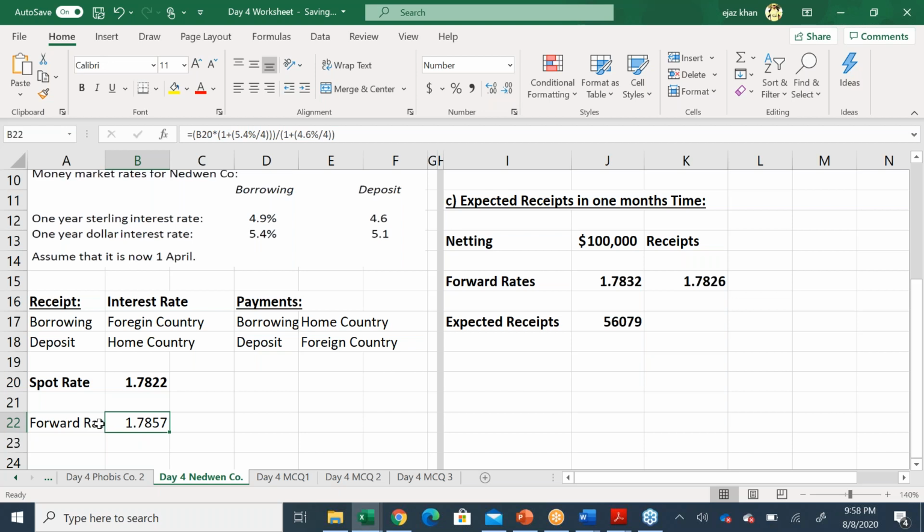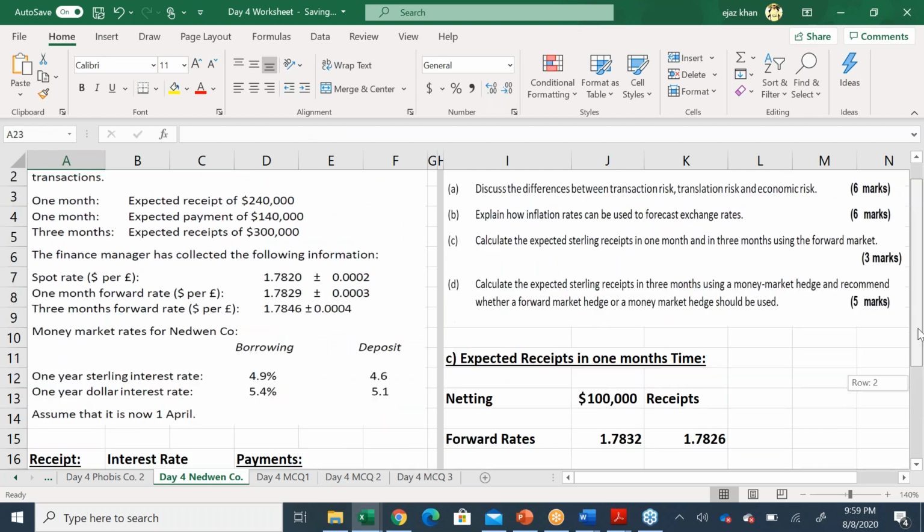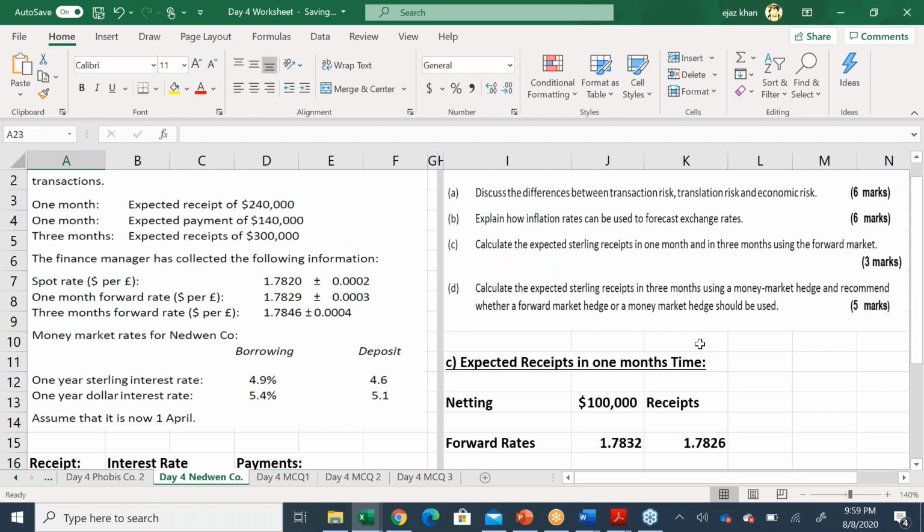That's the forward rate. And we should use this rate to convert that 3 months receipts. The 3 months receipts are $300,000.